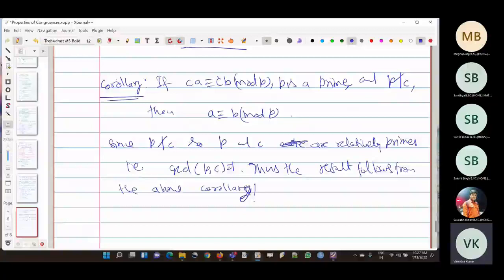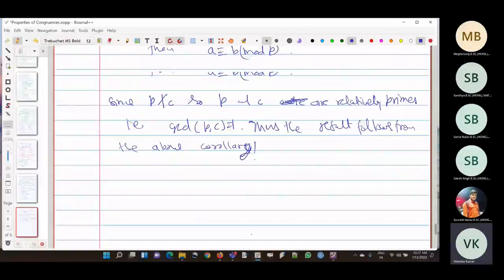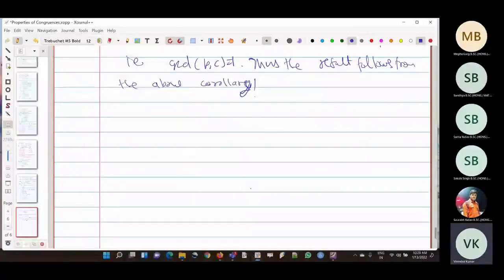Okay, so we have done almost most properties of the congruence relation, but let us conclude the discussion with a few notes. The first is the product of two integers, neither of which is congruent to 0.